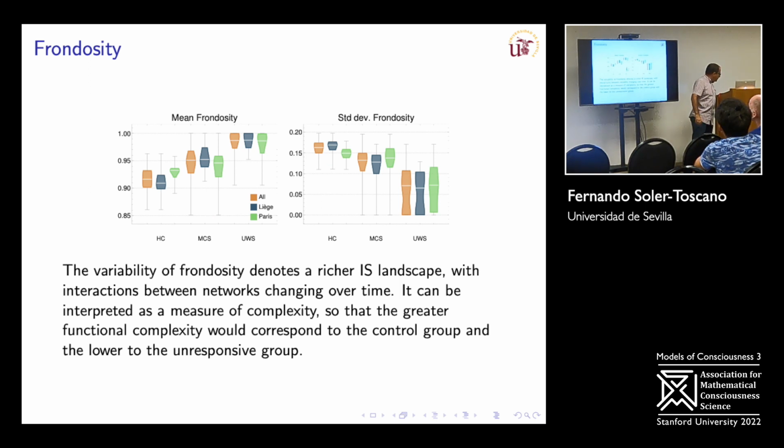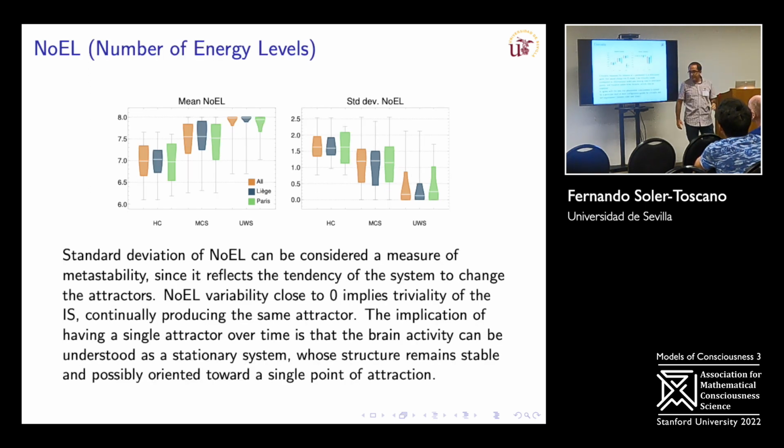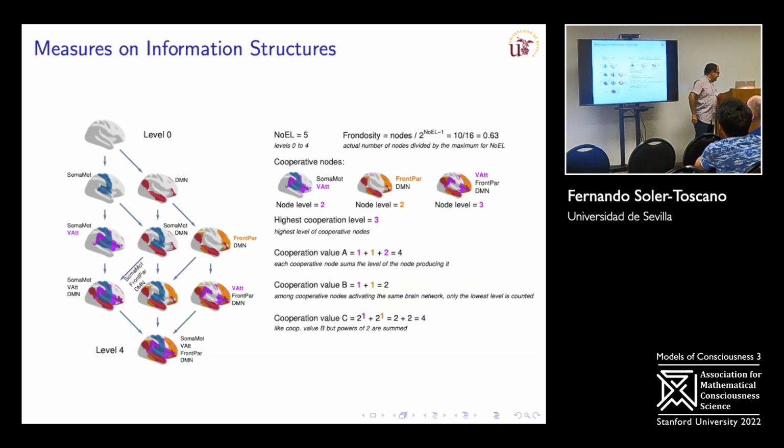With respect to, well, criticality is another interesting measure. I didn't talk about it because it cannot be measured in the structure of the attractor, but by looking at the specific parameters of the system.